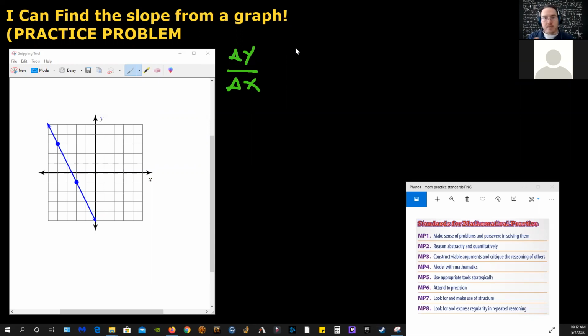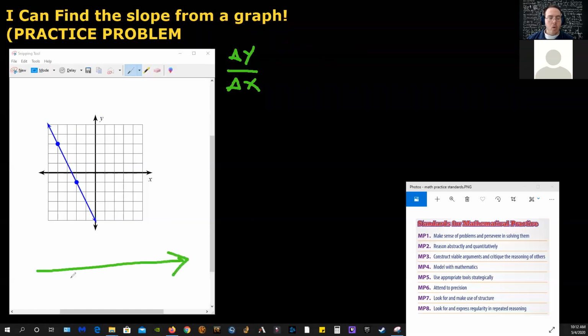There, I'm unmuted. Okay, so if we want to get the slope of this graph, we're going to be counting the rise over run. Now, with this one, you always want to be looking left to right. When you're counting slope, you always want to look left to right. Since you're always looking left to right, this one is going down. That means it's going to have a negative slope.